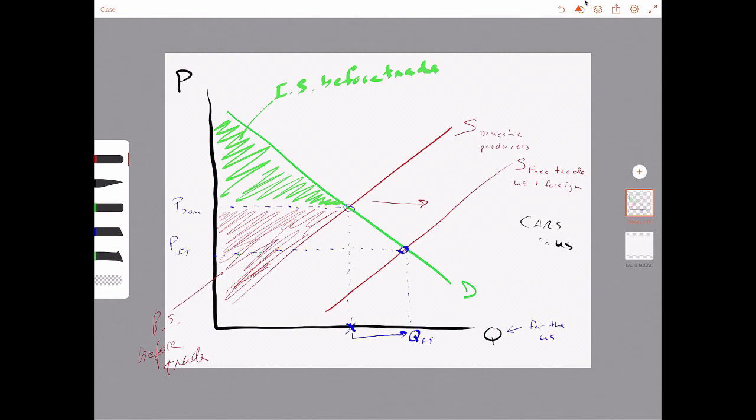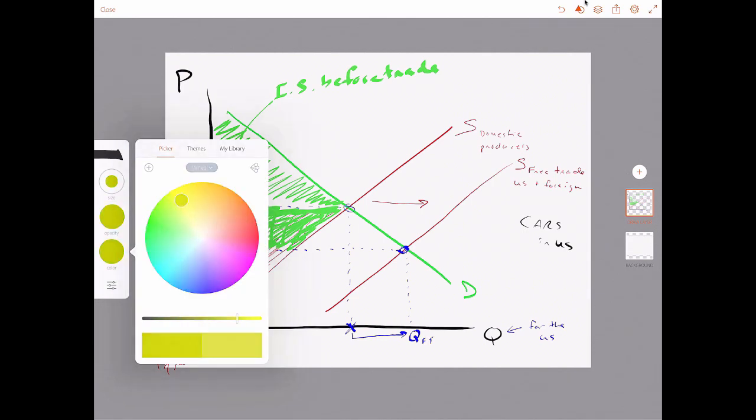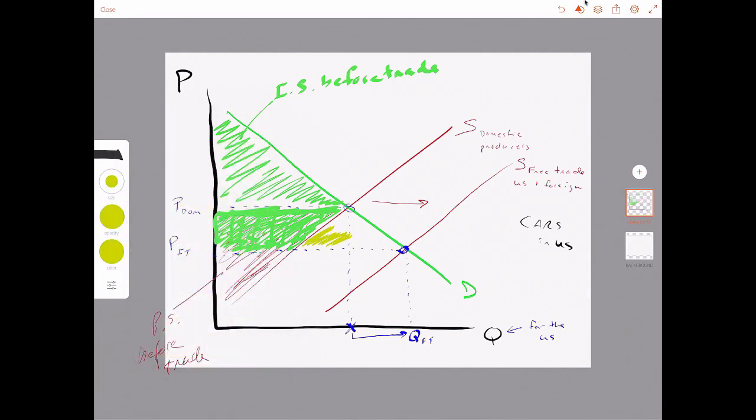But once trade is allowed, things change here. The consumer surplus is still the area above the price and below the demand curve, which means now the consumer takes this amount away from the producer and it captures this amount here.